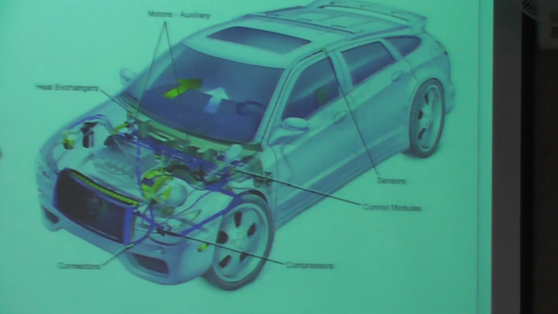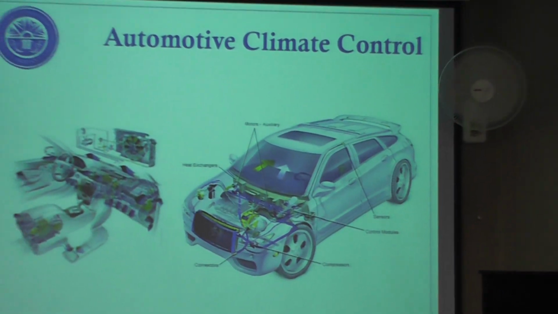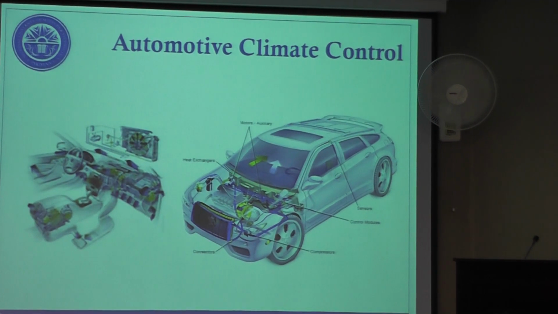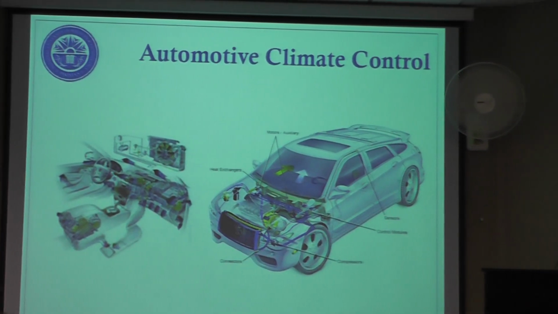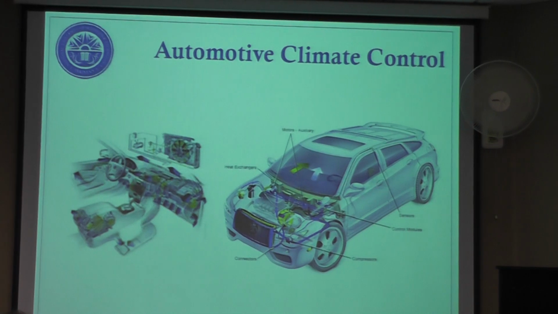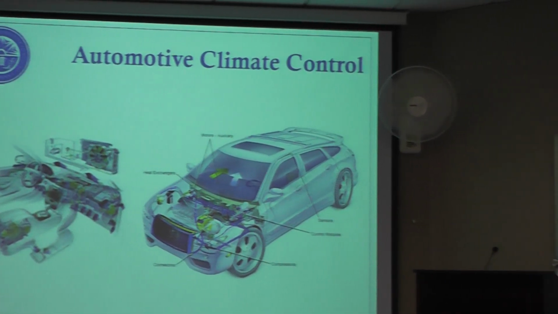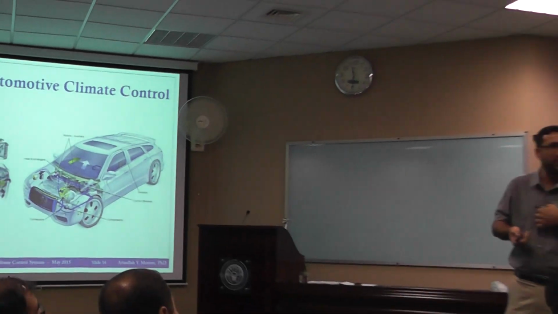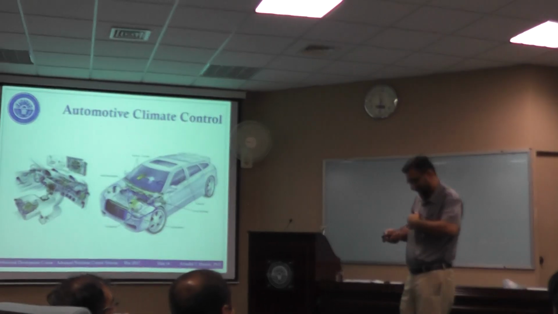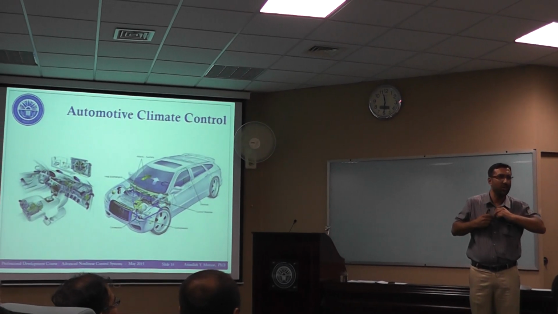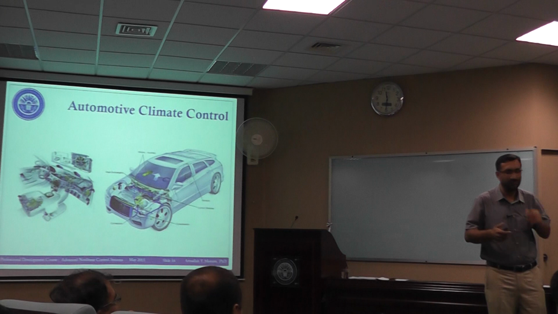and just have a look. Recently, not very recently, of course, it was maybe a decade ago, climate control. This is one interesting application. There are two passengers sitting in one car. One is feeling cold, one is feeling warm. One wants air conditioning on, the other one doesn't. This is a household problem, right? So you're moving with your family, and your wife is feeling cold and you're feeling warm that day.